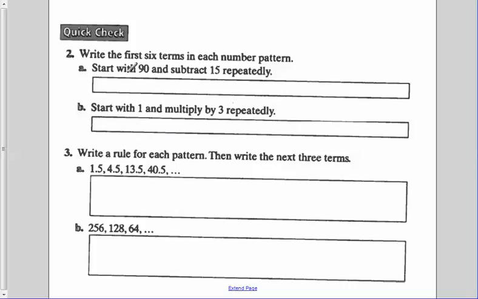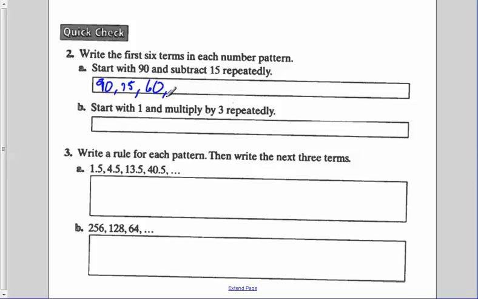Alright, so for quick check 2a, I'm going to subtract 15 repeatedly. So if I take 90 minus 15, I'm going to get 75. And then I'm going to subtract 15 from 75, and I'm going to get 60.